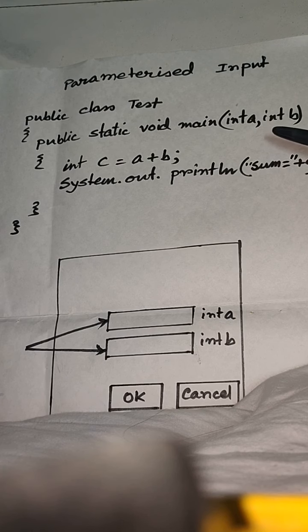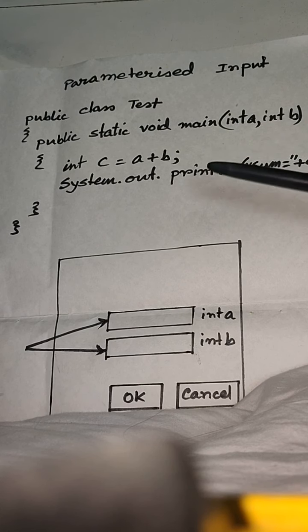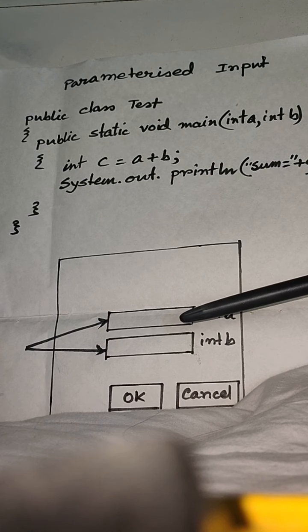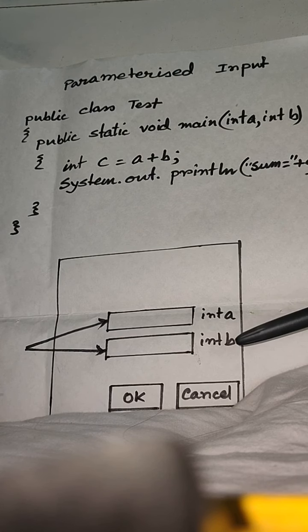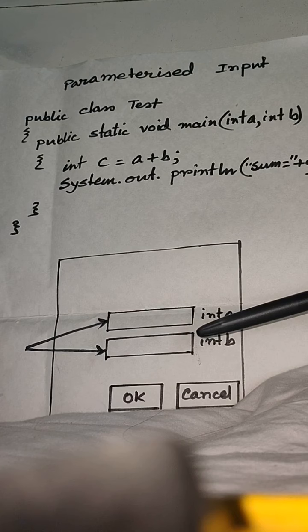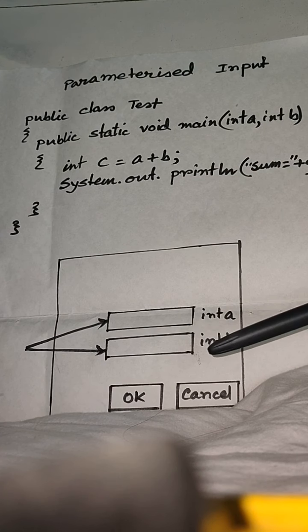When the program is executed, at the time of execution, a dialog box will be displayed like this, where we can input the values of the variables a and b, and then you select OK. So like this, the dialog box will be displayed on the screen.